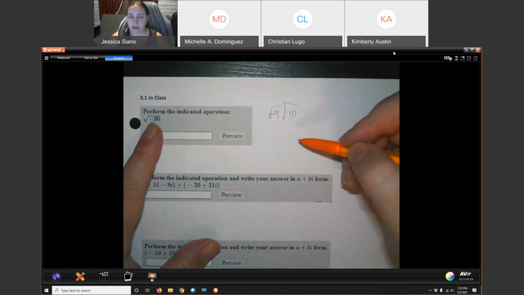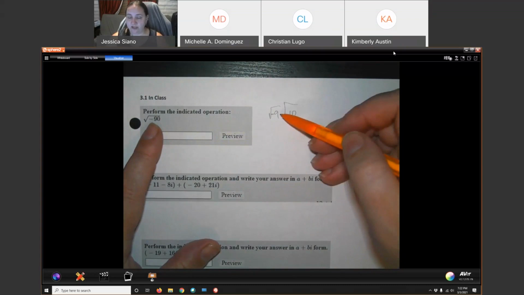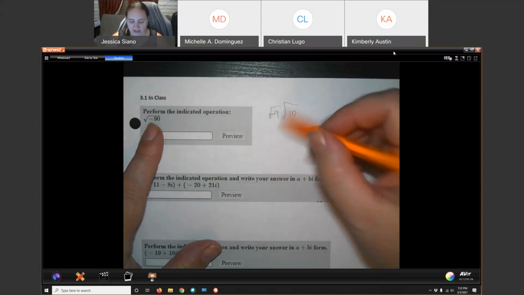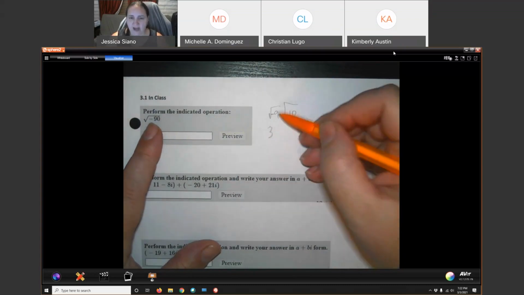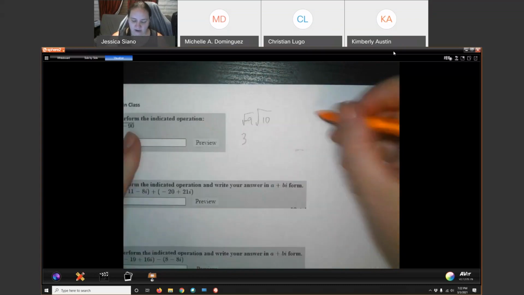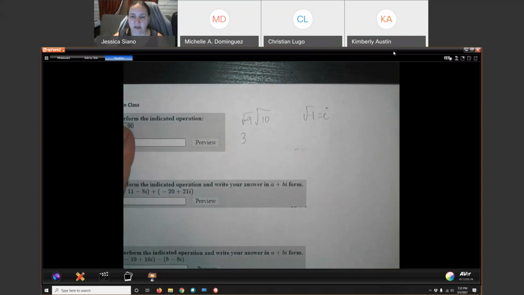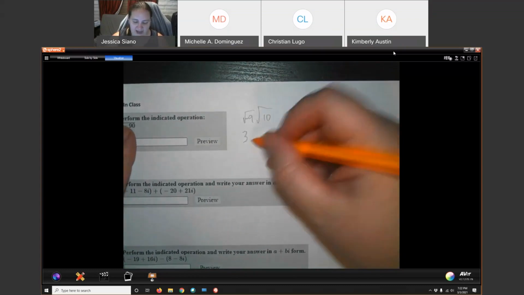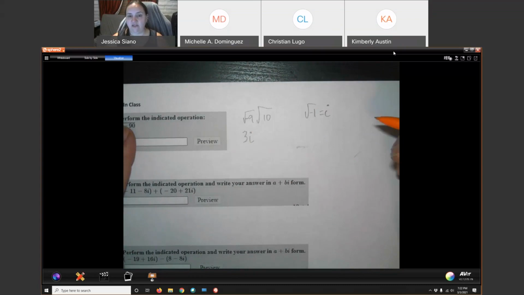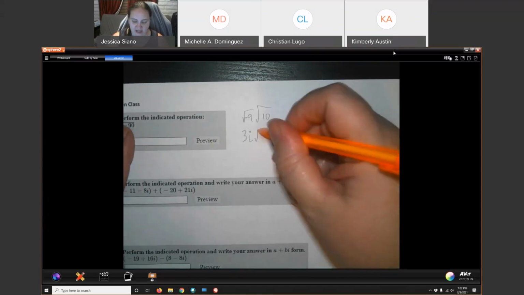Okay. And why do we choose perfect squares? Well, because now we can reduce this. The square root of 9 is 3, but the negative under the radical means that we need an i. So the square root of negative 1 is i, which means the square root of negative 9 is 3i.